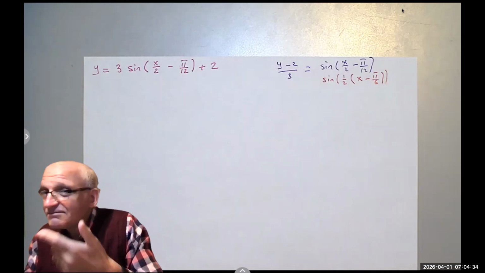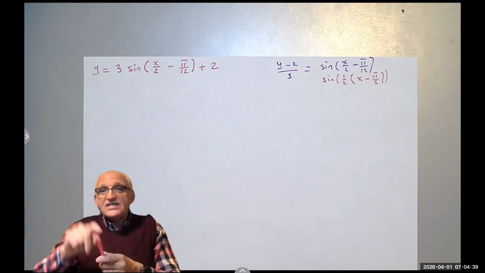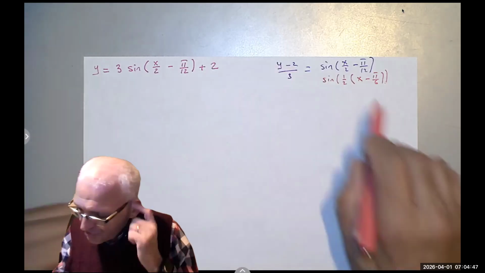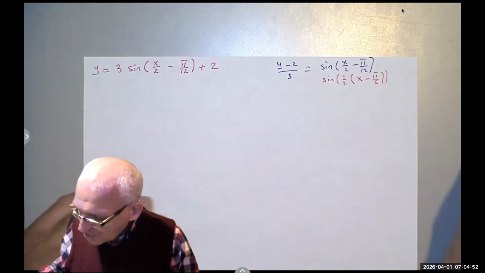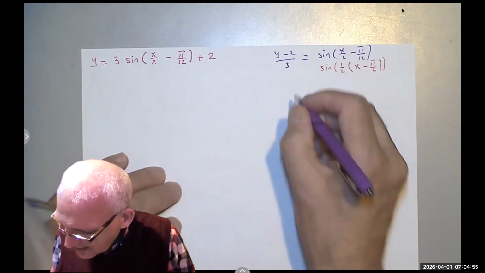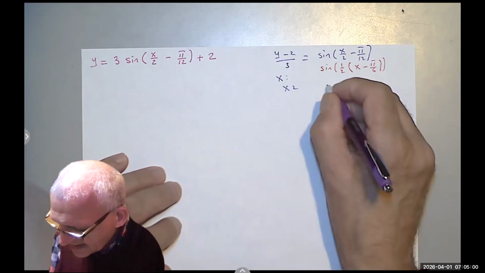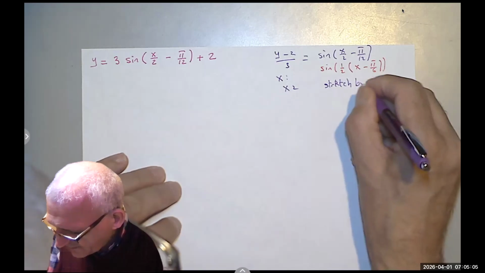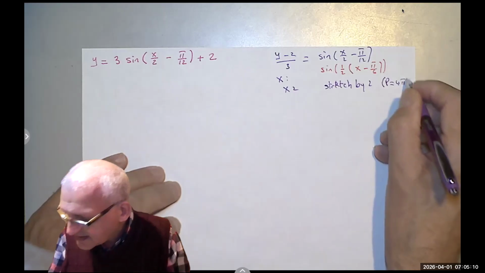Do you see that there are two different ways of finding the same transformations that produce exactly the same graph? So let's say we are going to use the second one, since this is the one you are used to. For the x, I'm going to multiply by 2, meaning stretch by a factor of 2, meaning the period would be 4 pi instead of 2 pi.